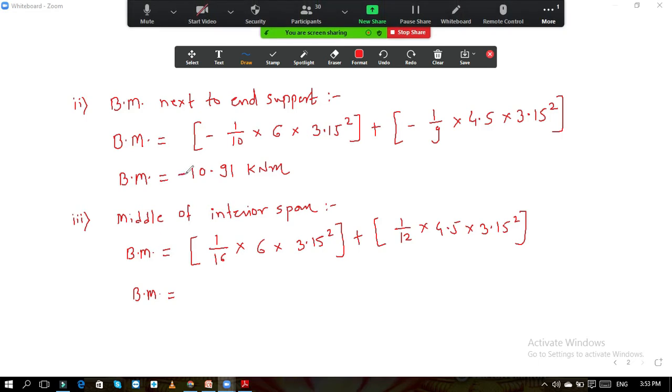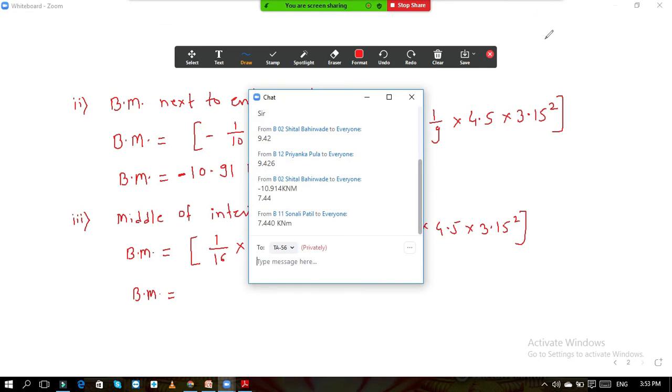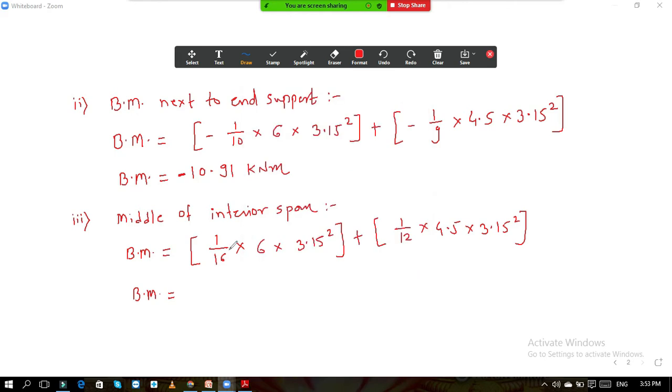This value is minus, no? 7.44. Okay, so this bending moment is 7.44 kilonewton meter.